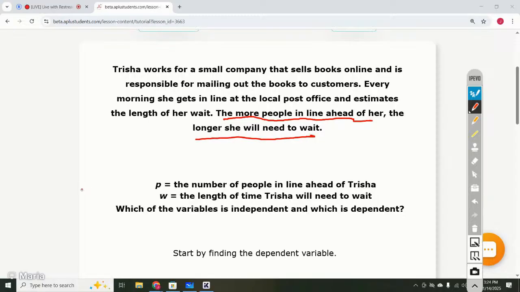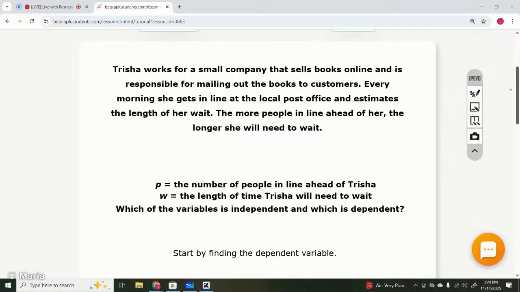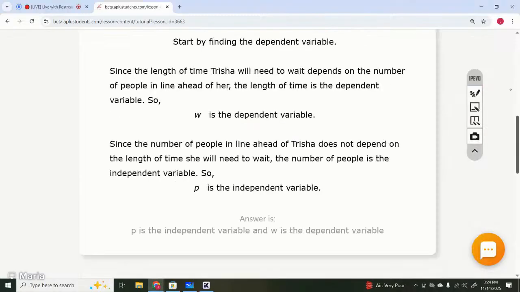So that means the people in the line are the independent variable and the wait is the dependent variable. If she has only two people before her, she has to wait less, right? So the number of people in the line ahead of Trisha is the independent variable and wait is dependent.